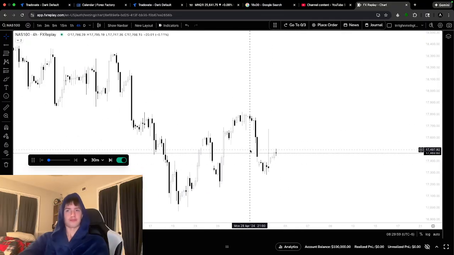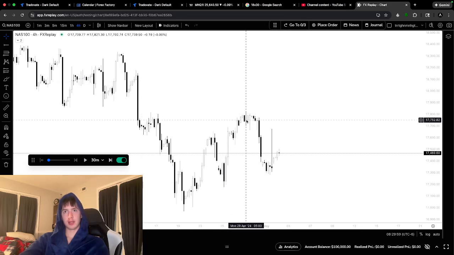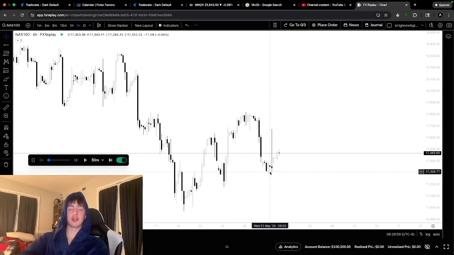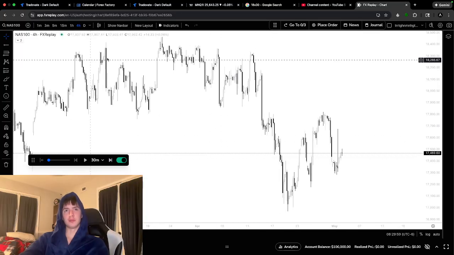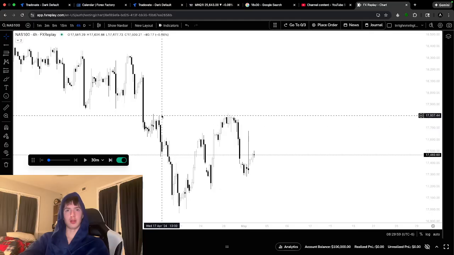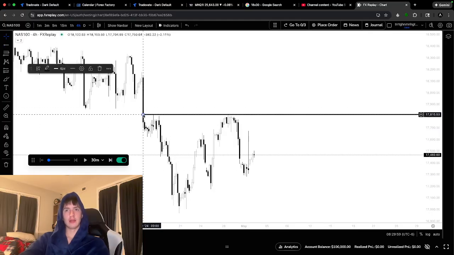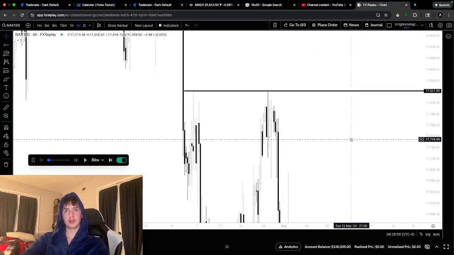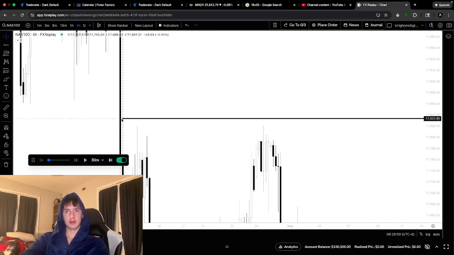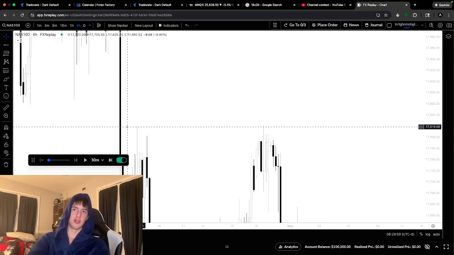Price came up, we tapped this fair value gap, and we had a very bearish reaction off of it. Did we take out this high, or did we get equal highs? Oh, it looks like we did, yeah, we did take it out.